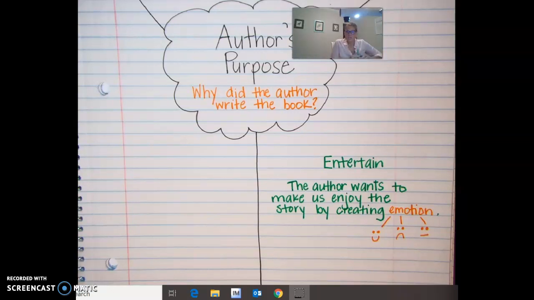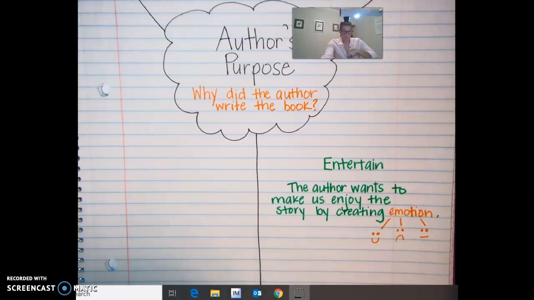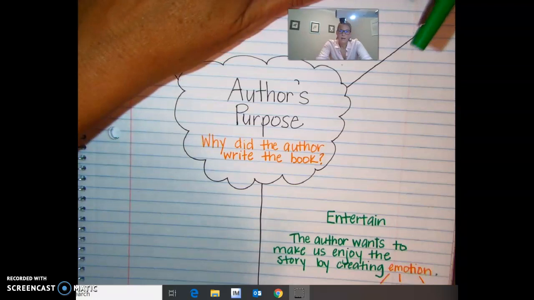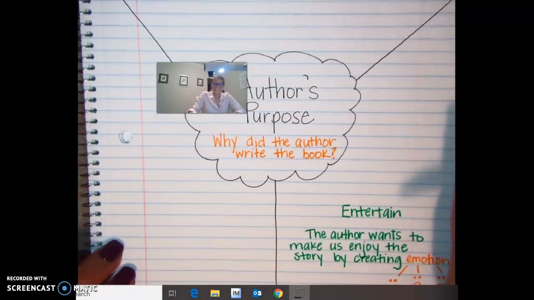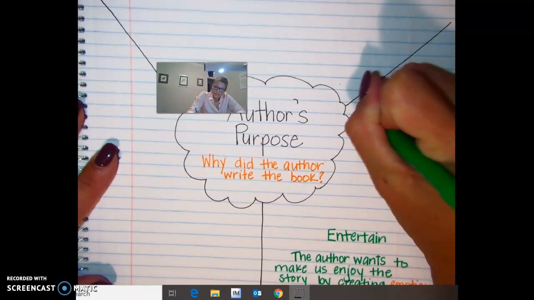Some of the genres that we find these books in are fiction books. And those are a lot of the books that you guys enjoy reading. Fiction.